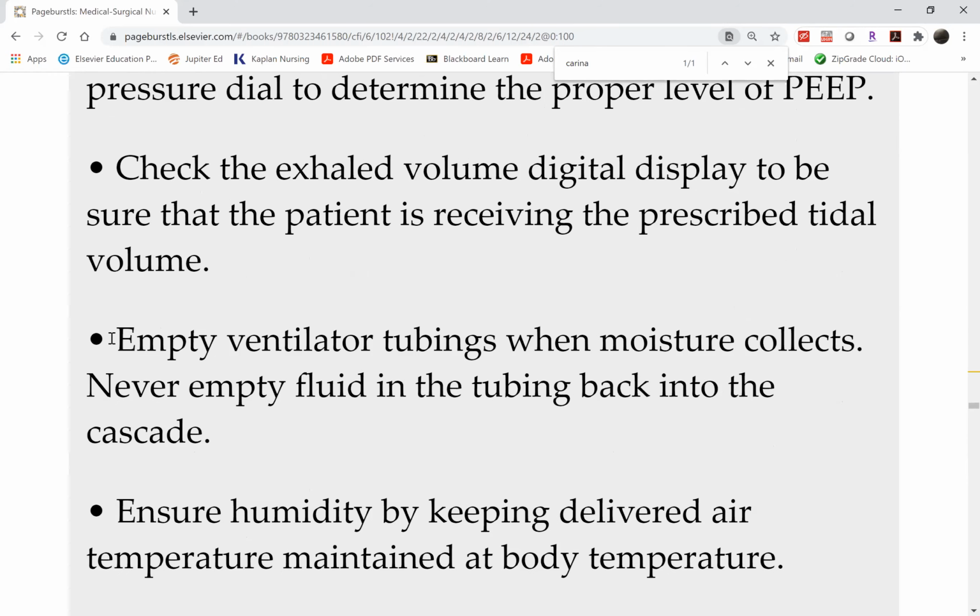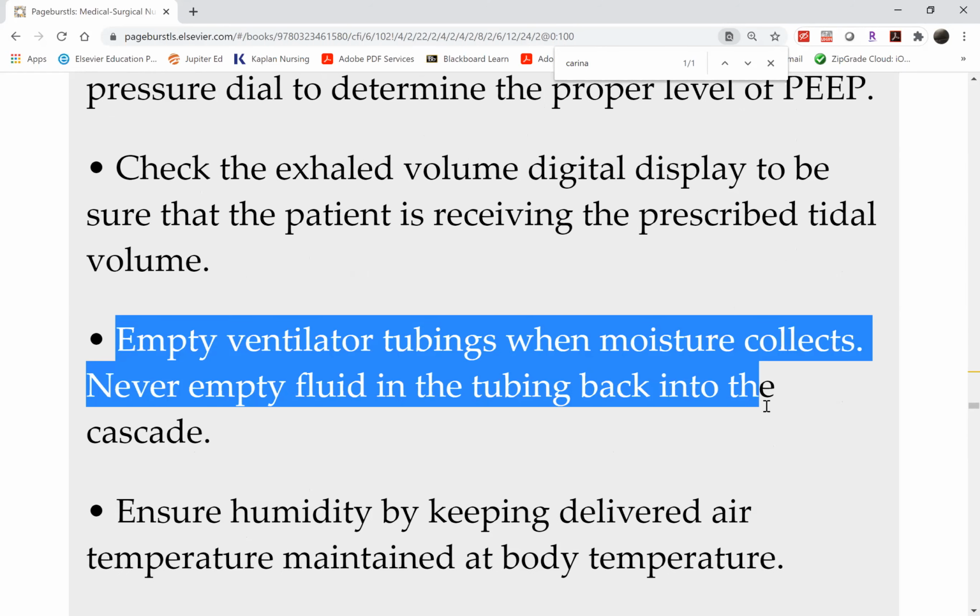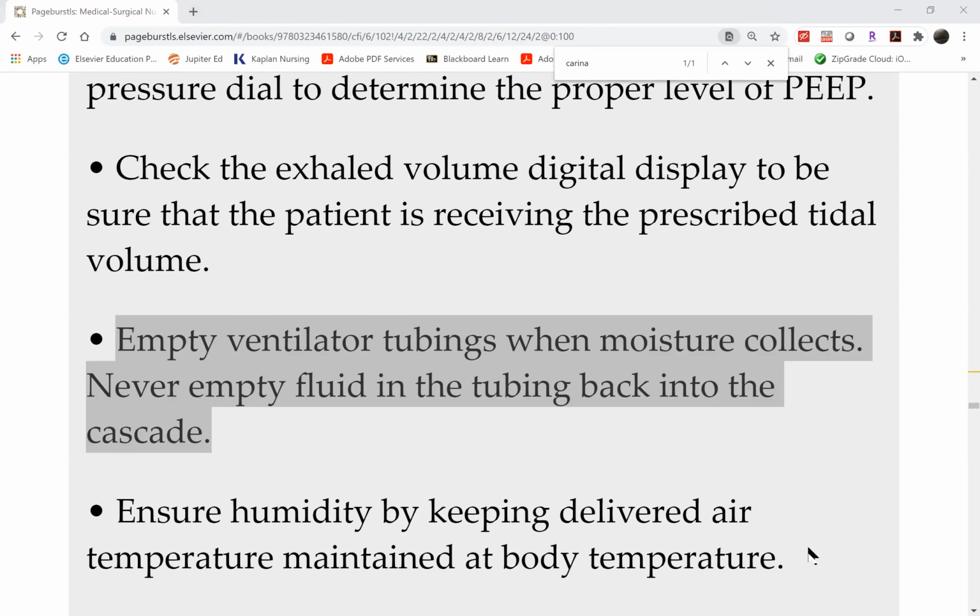Okay, this part here, empty ventilator tubings when moisture collects. Let me illustrate.